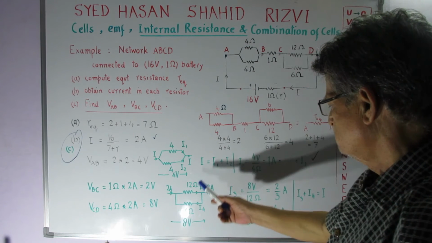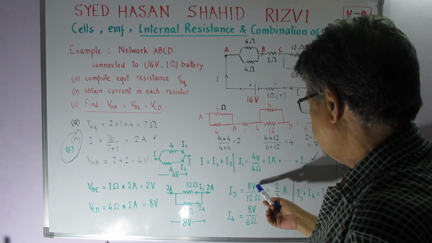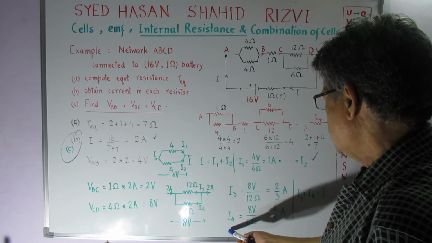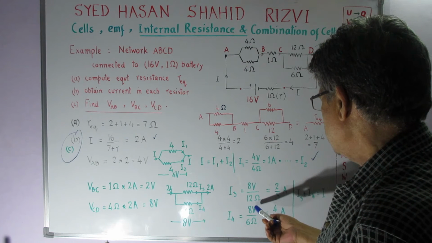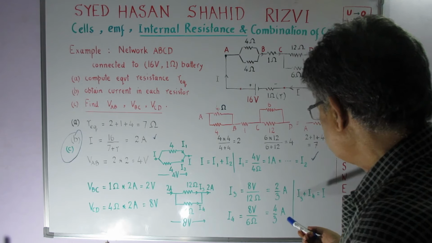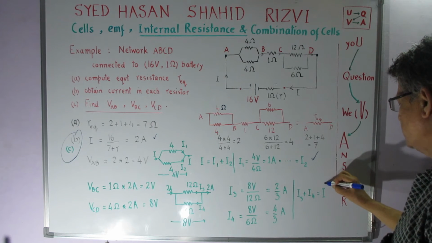So I3 will be equal to 8 volts divided by 12 ohms, 2 by 3 amperes, and I4 will be equal to 8 volts divided by 6 ohms, 4 by 3 amperes, and then we check back: I3 plus I4 turns out to be equal to I.